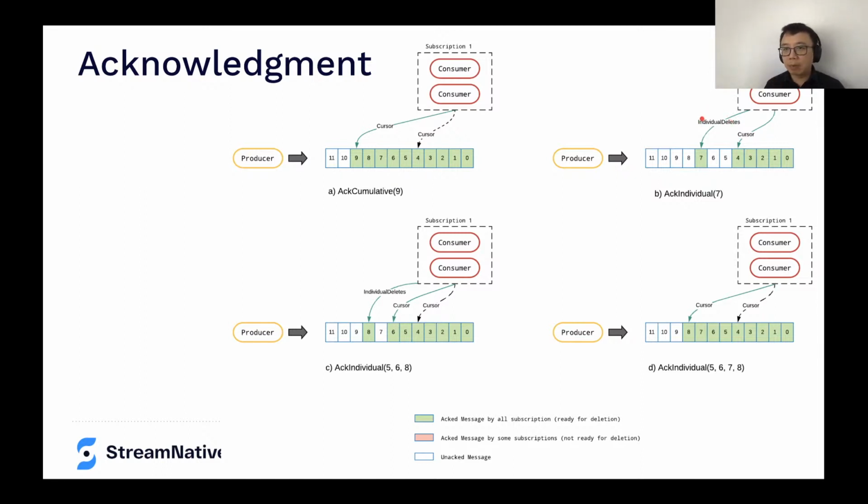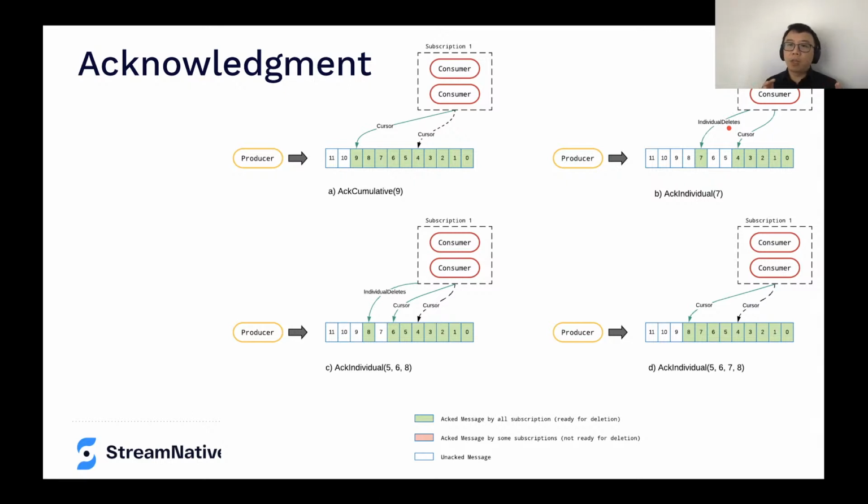In this example, when the broker receives ack individual 7, because the offset here is 4 and it only acks 7, Pulsar records 7 in the individual delete section.